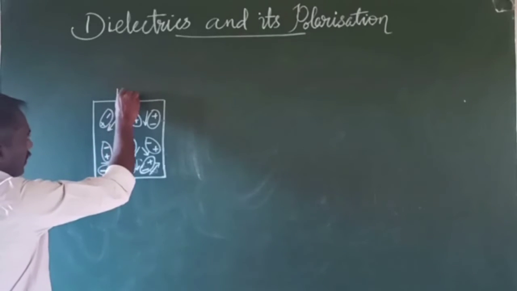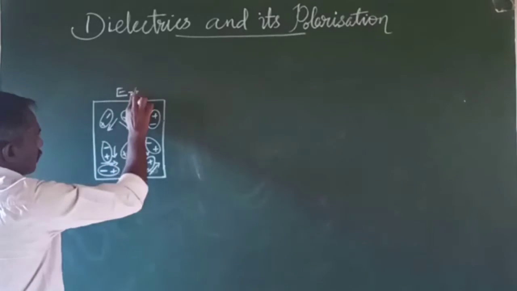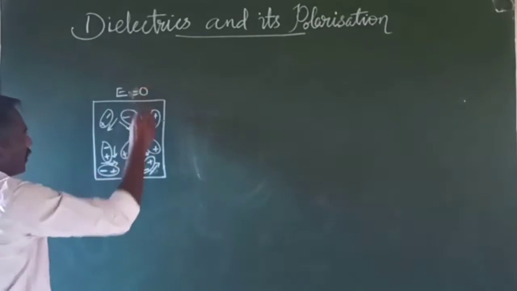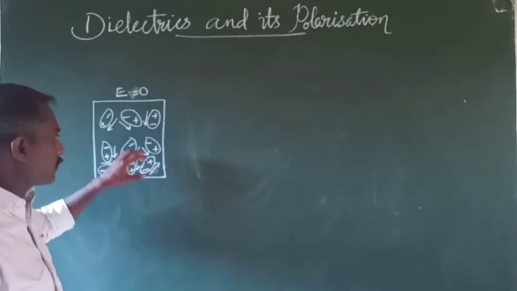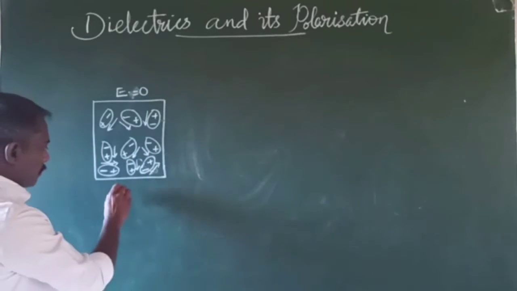When the external field is 0, the net electric dipole moment of the dielectric will be 0.